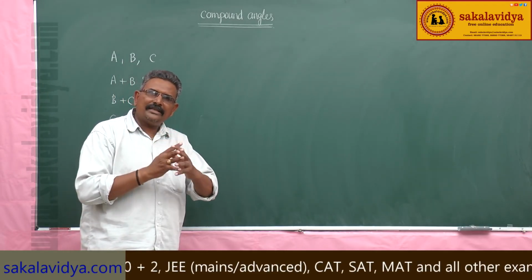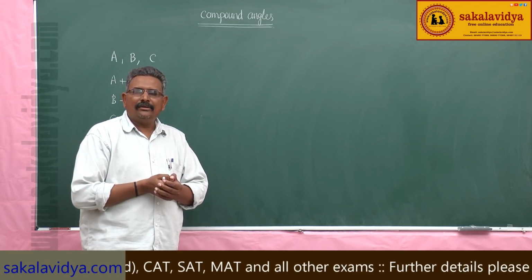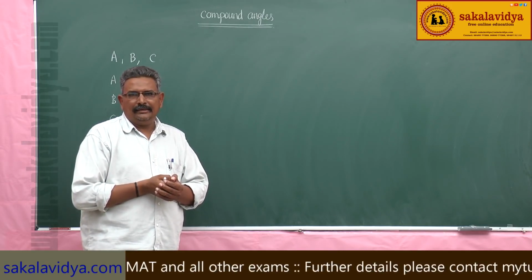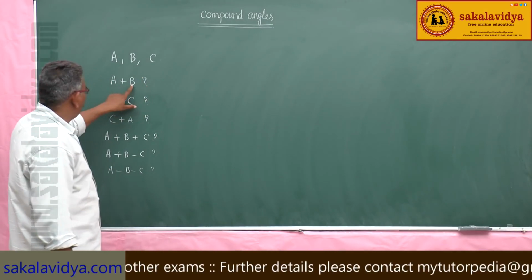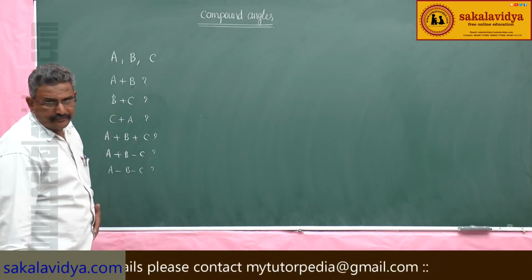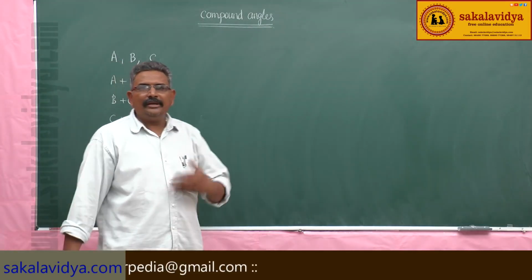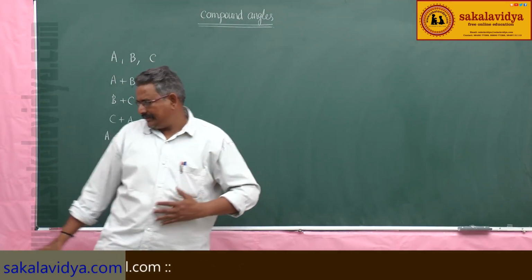The algebraic sum of two or more angles is called a compound angle, whereas A and B are each called constituent angles. So, now let us find out the trigonometric ratios of compound angles.